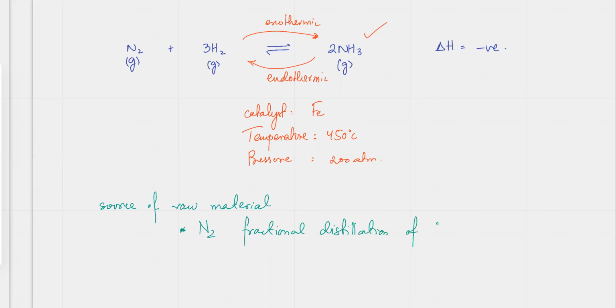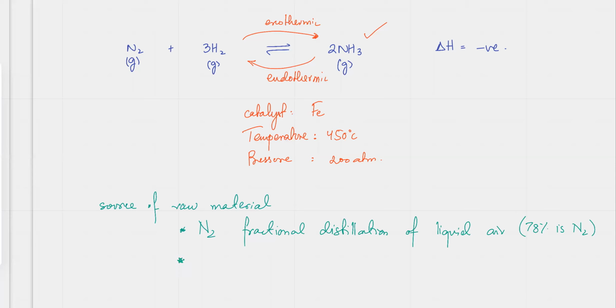Because 78% of air is nitrogen. So air is mostly nitrogen.